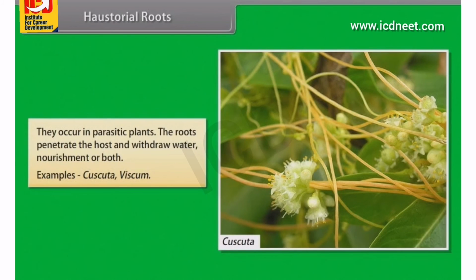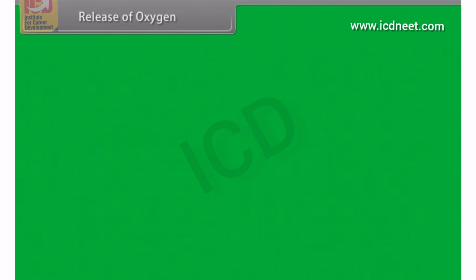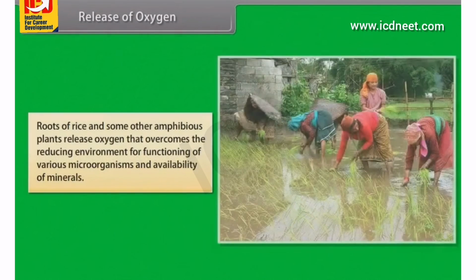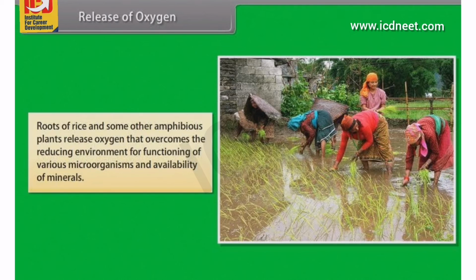Examples: Cuscuta, Viscum. Release of oxygen: roots of rice and some other amphibious plants release oxygen that overcomes the reducing environment for functioning of various microorganisms and availability of minerals.